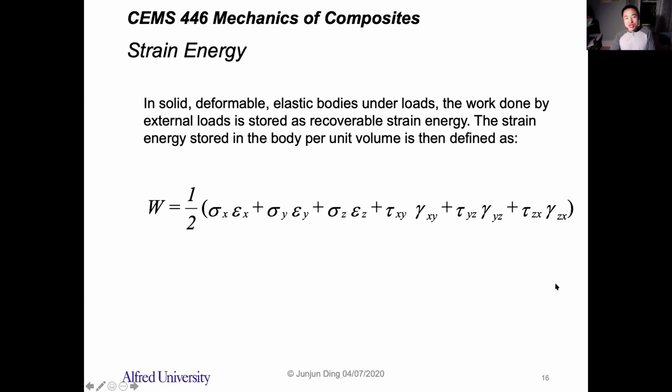So that's the strain energy you can calculate based on strain and stress. Okay? So this is really useful in the future when, for example, you do finite element analysis, right? You can derive the equations based on the strain energy.